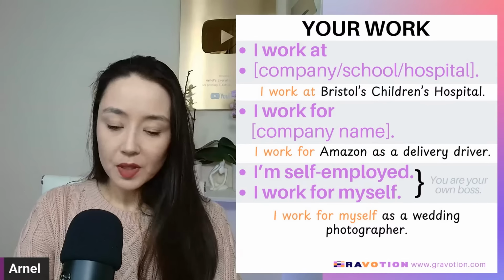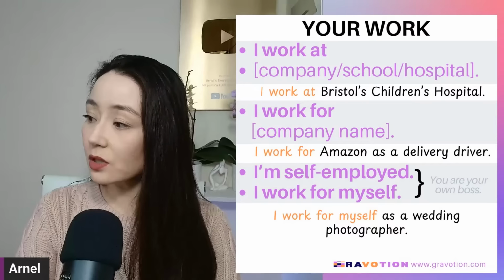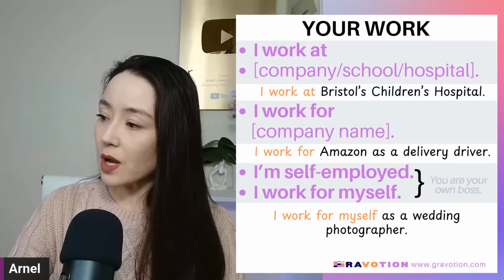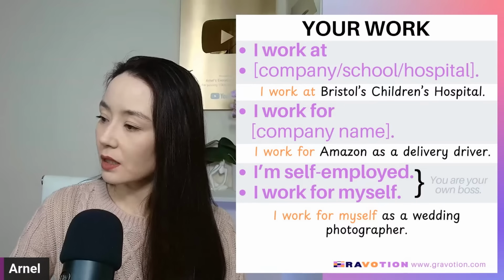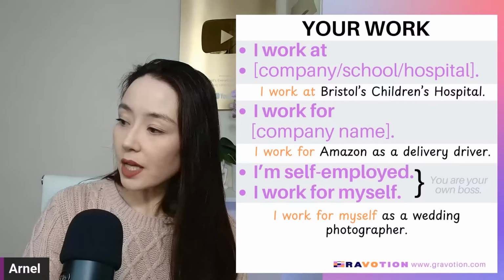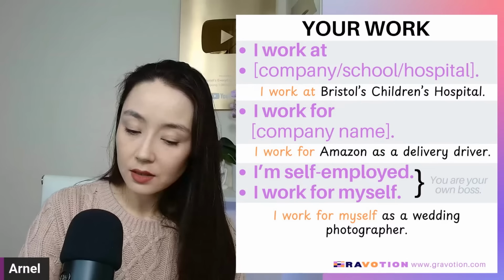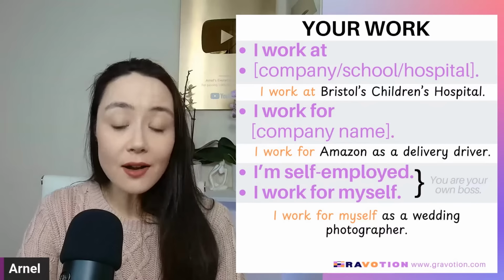Question. Which one describes you? Number 1, I'm a student. Number 2, I'm employed. If you are employed, this means you have a boss, you work for a company, you have a contract.